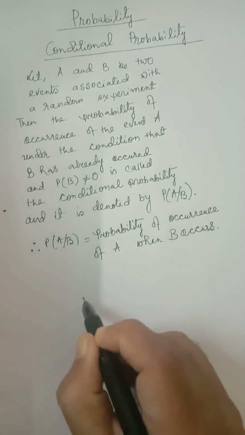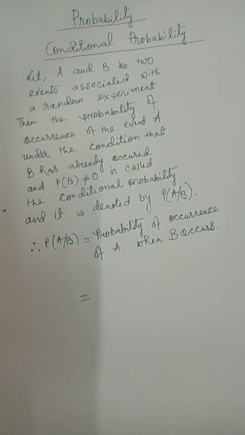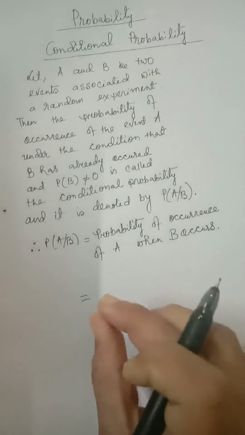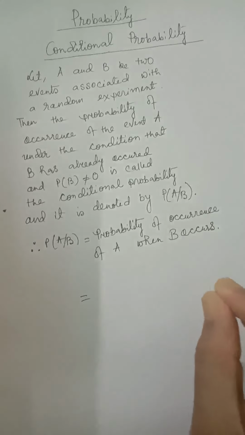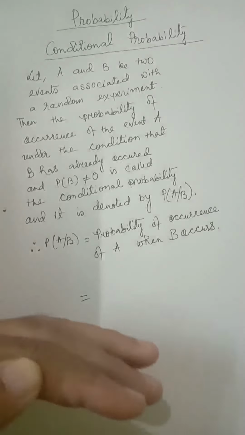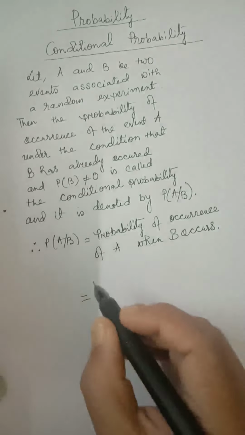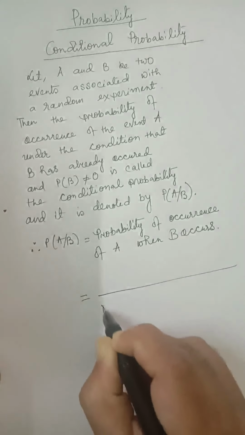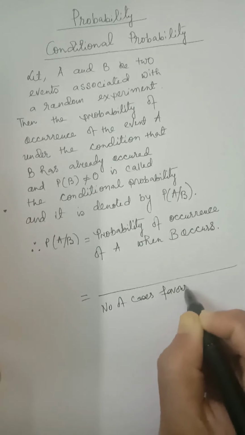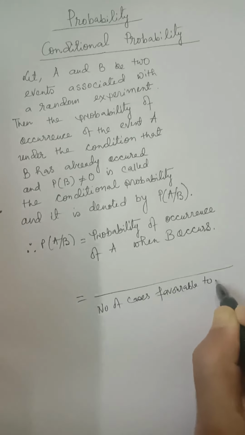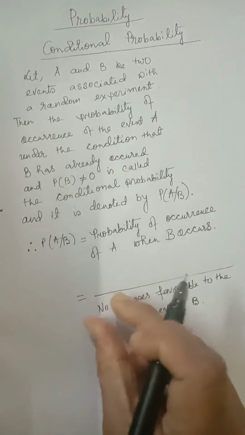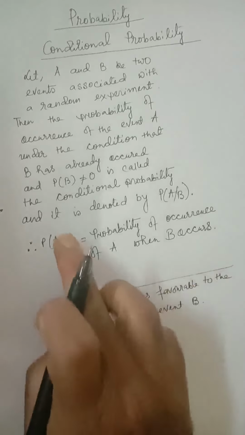That means, out of the total number of cases favorable to the event B, how many cases are also favorable to the event A? I am writing in this way: number of cases favorable to the event B, as B has already occurred.